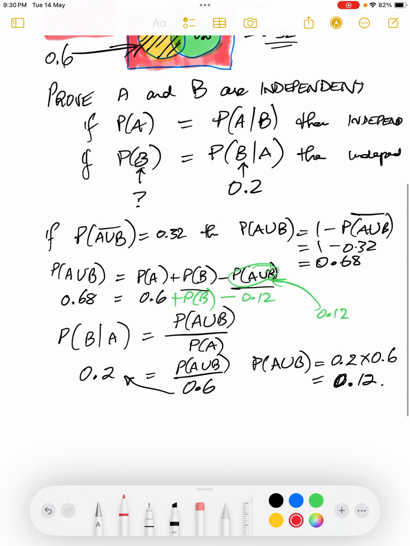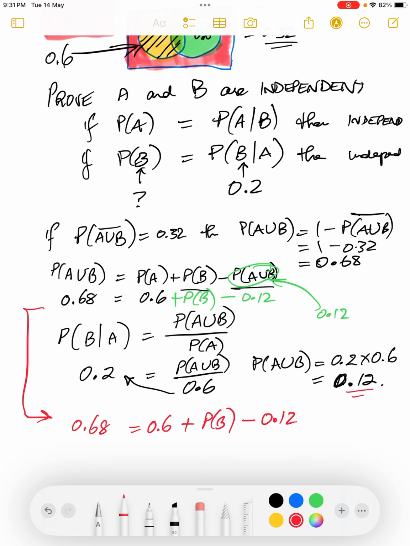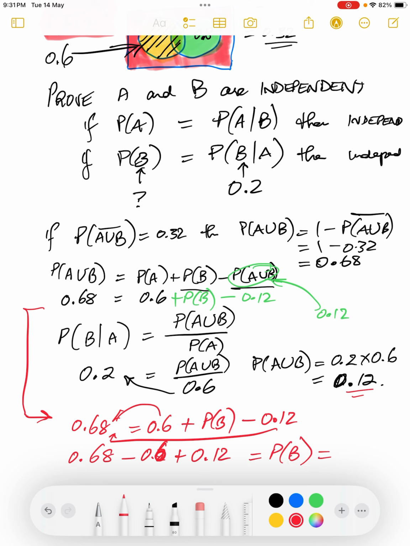Let's continue that. 0.68 equals 0.6 plus the probability of B, which we're trying to find out, minus 0.12, which we just worked out. And so that becomes 0.68 minus 0.6, take that across to be minus, take that across to be plus, and there's the probability of B. Okay, quick calculation, that's 0.8 plus, that's 0.92.